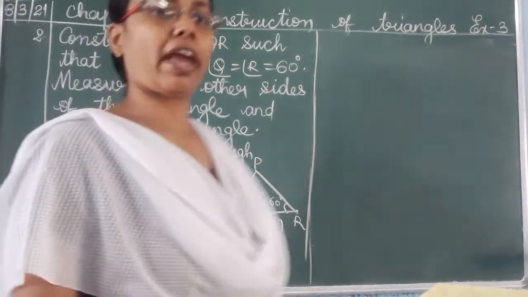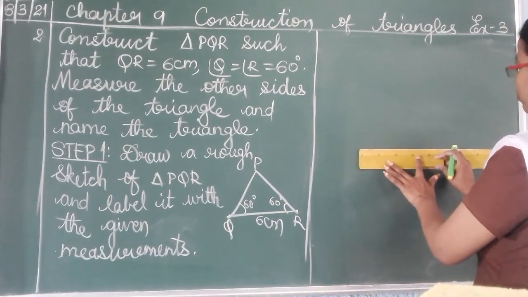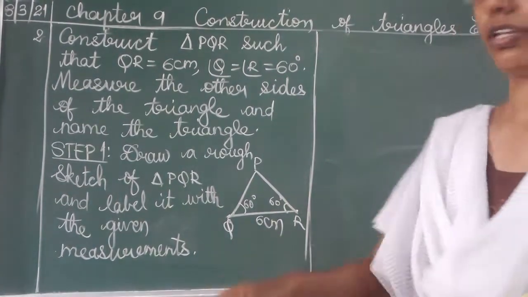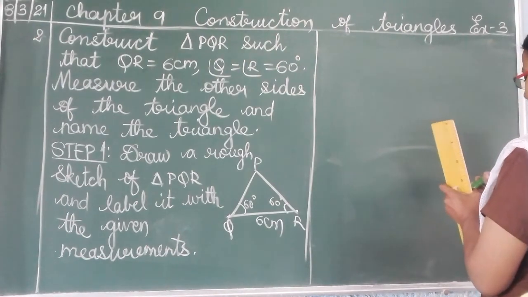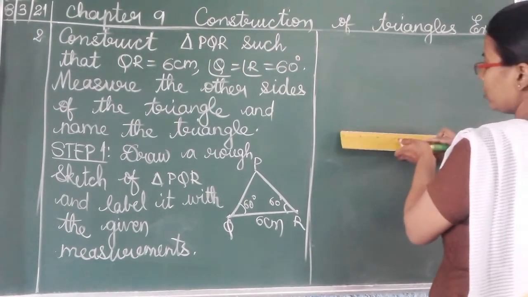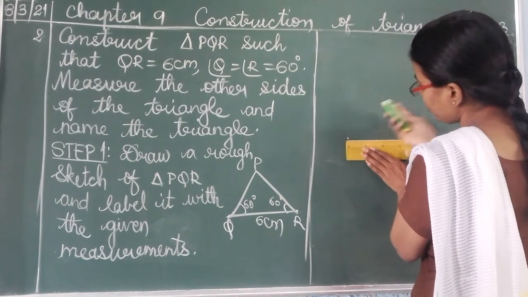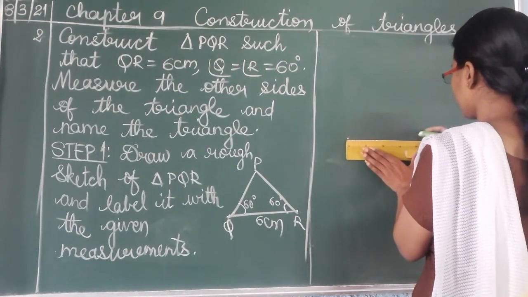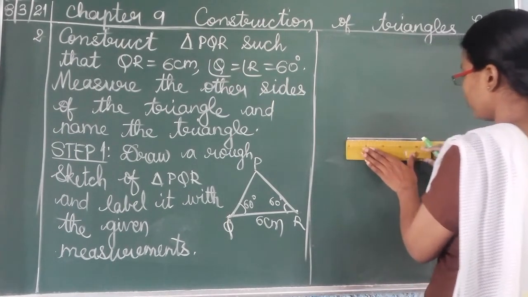Now let us make the actual construction, which is drawing a line segment. Let's mark the points. So here at 0 we are going to mark a point, and at 6 we are going to mark a point and then join.